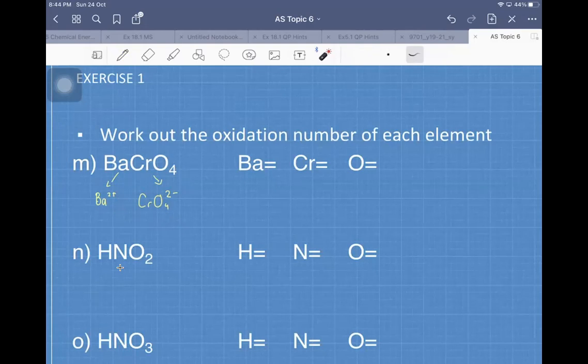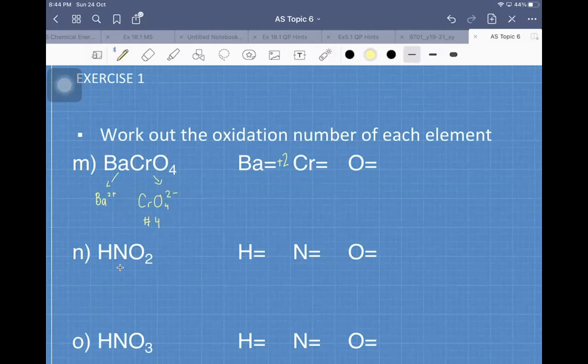Barium, which is in group 2, based on rule number 3, would be +2. Chromium is a transition metal, and it's not a full formula, it's an ion, so we have to use rule number 4 to work out the oxidation number of chromium.